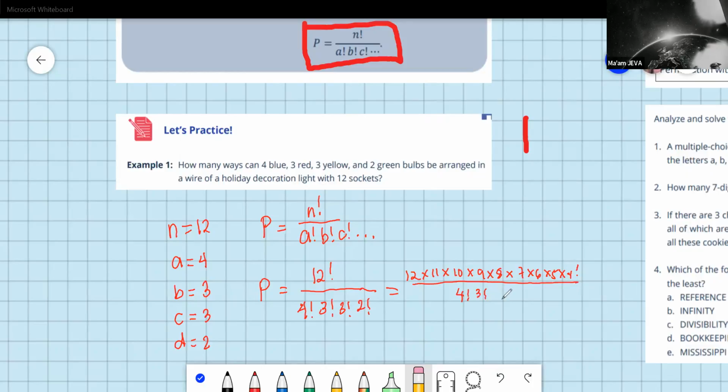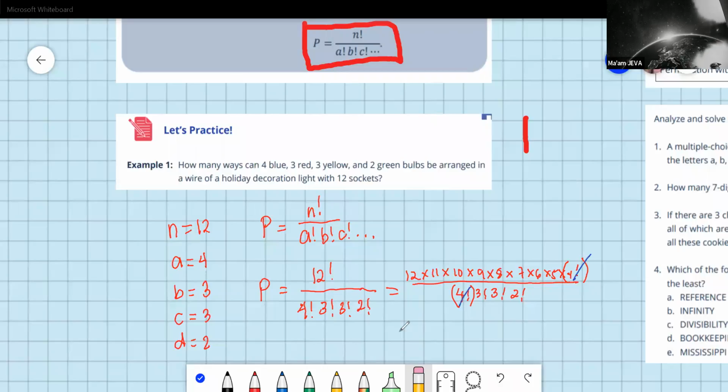There are many possible ways. So 4 factorial and 4 factorial, we can eliminate that.